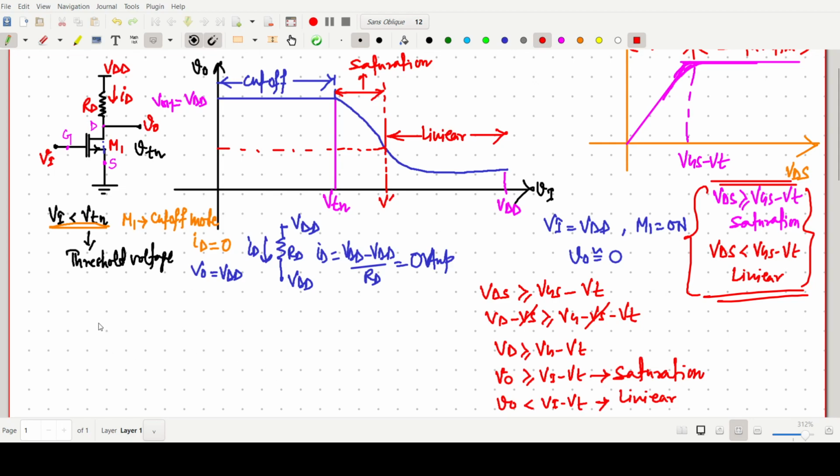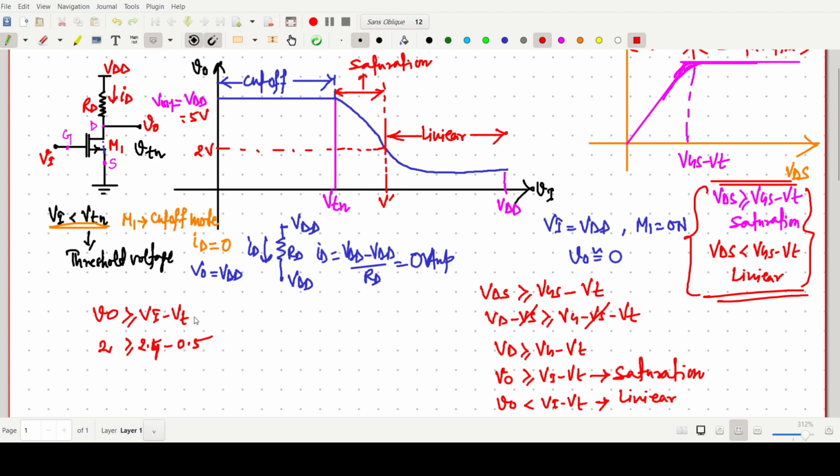So I'm just doing this for V naught greater than Vi minus Vt. Say VDD is 5 volt, and this point is say 2 volt. So this output is 2 volt, and this V dash point is around 2.4 volt, and the threshold voltage Vt is say 0.5 volt.